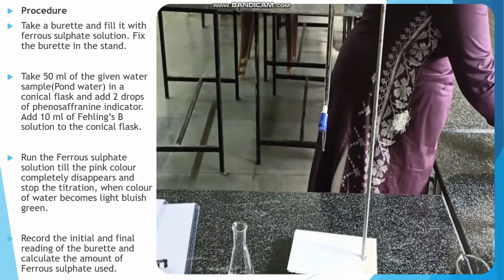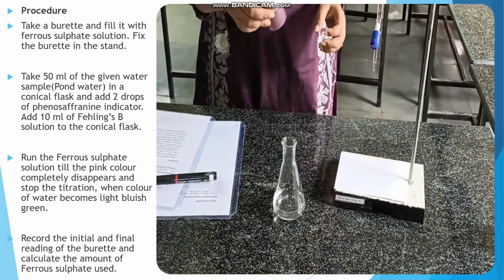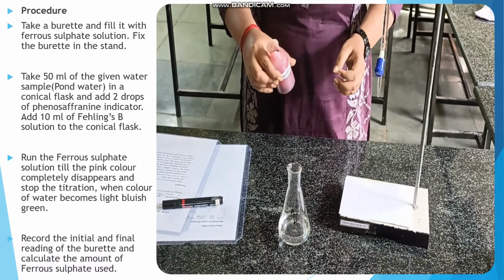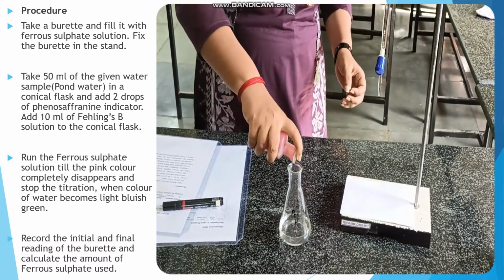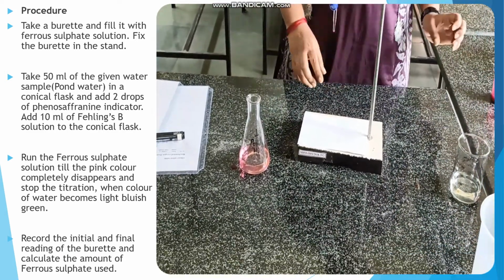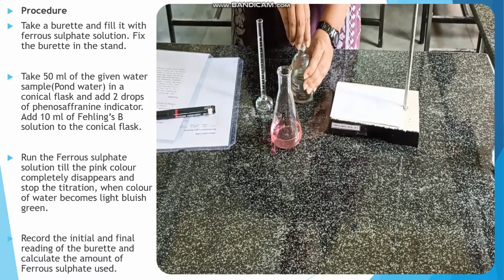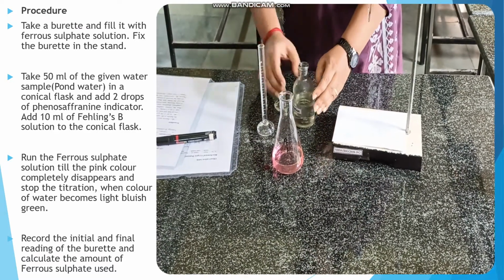Then the indicator I have to use. The indicator that we are using is a phenylephrine indicator. So I am going to add only 2 drops of this phenylephrine. And then I have to add 10 ml of Fehling's B solution in this flask.